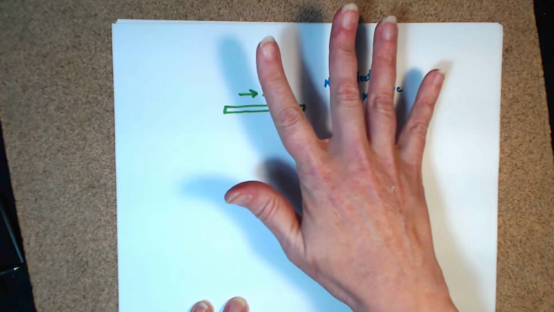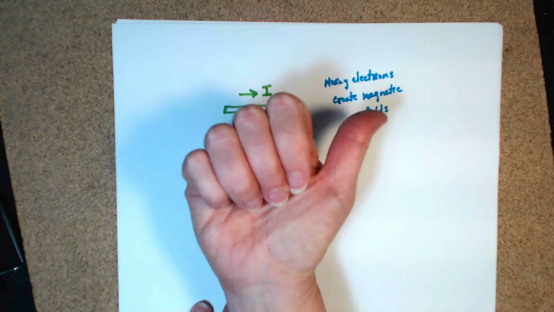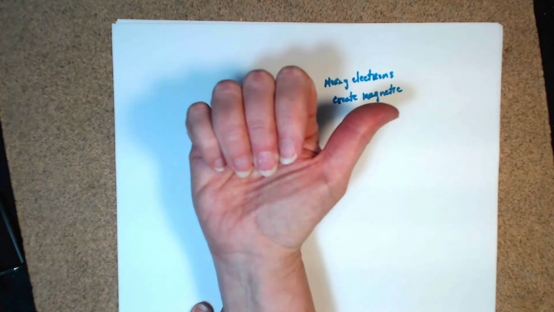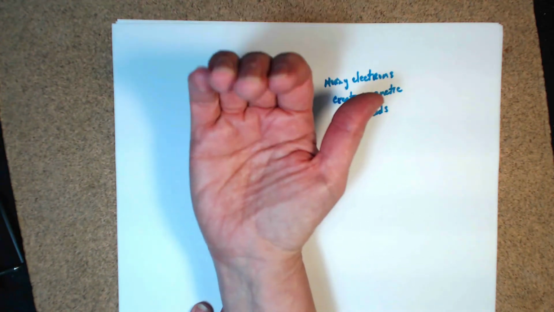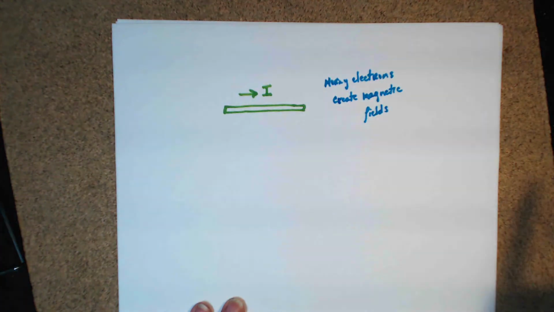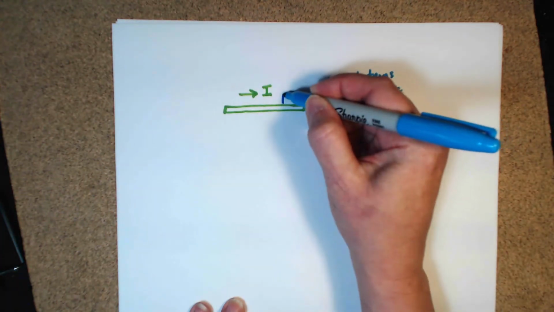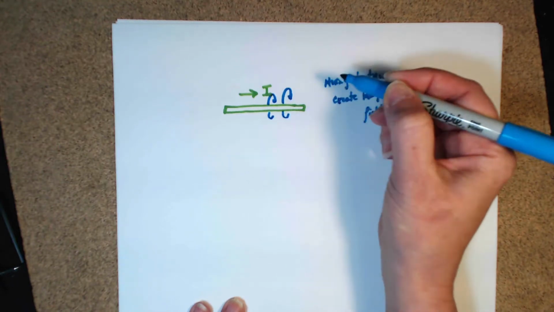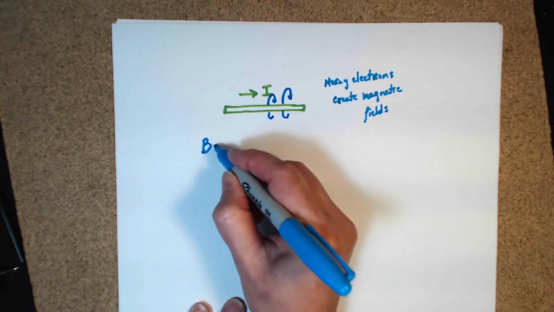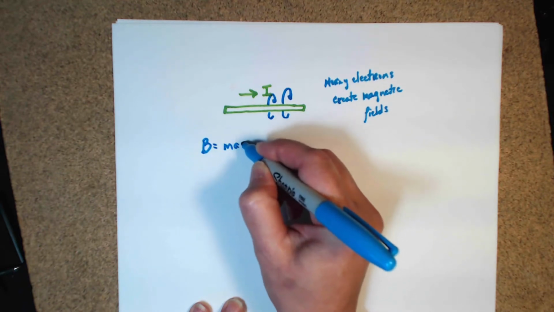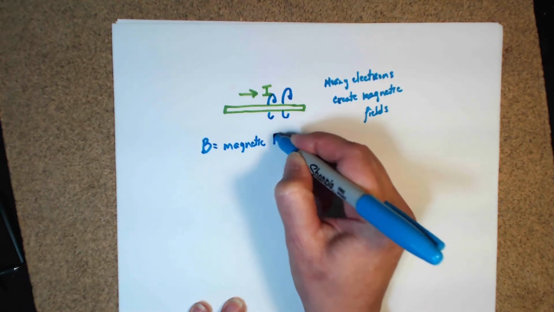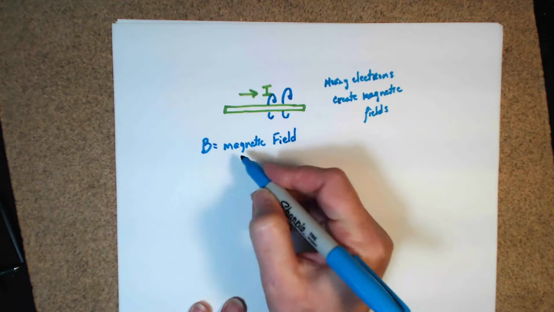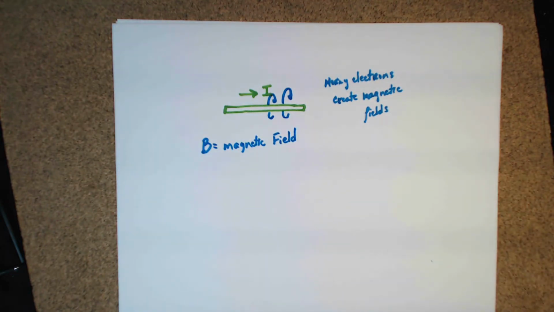Your fingers indicate the direction of the magnetic field. Magnetic field is indicated by B and is measured in Tesla. For a current-carrying wire, the magnetic field surrounds the wire in a circular fashion.